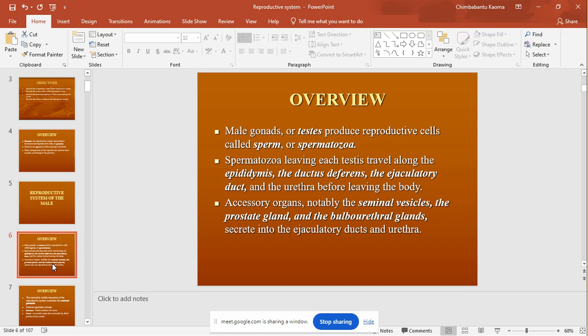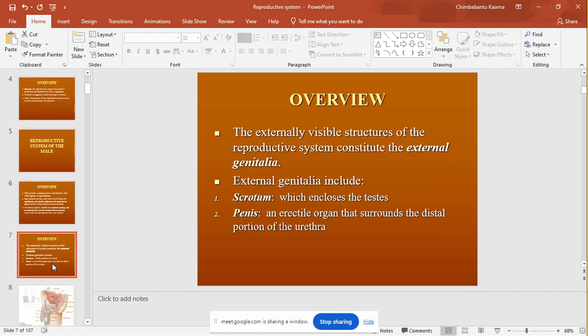There are also accessory glands that produce fluids, namely the seminal vesicles, the prostate gland, and the bulbourethral glands, as we shall discuss in detail later.